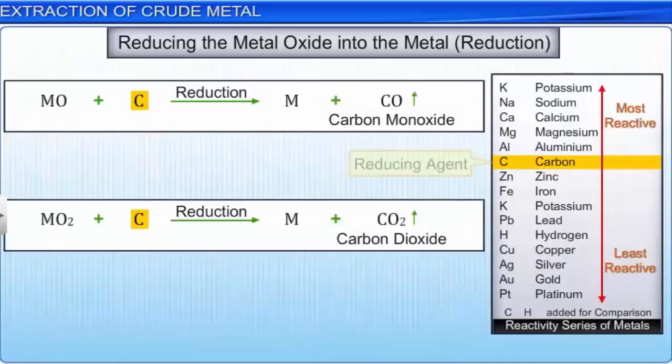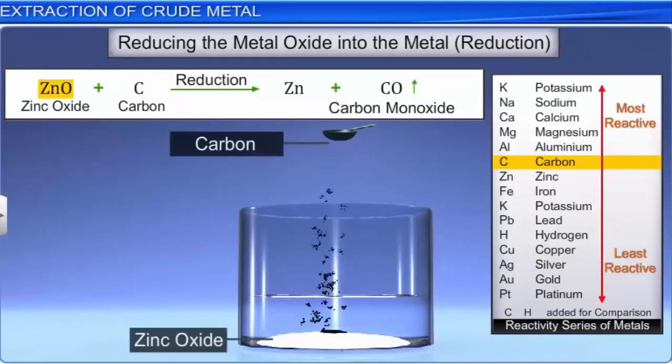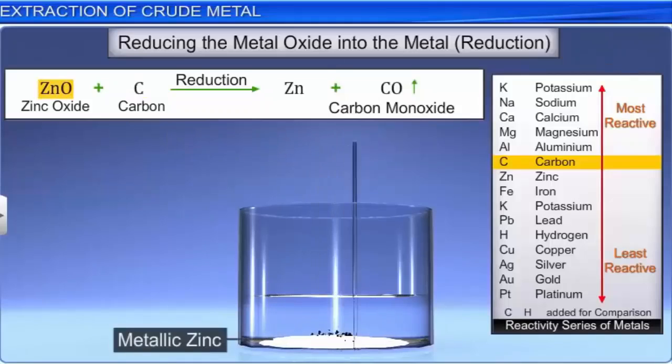When carbon is used as the reducing agent, it combines with the oxygen of the metal oxide to give metal and carbon monoxide or carbon dioxide. For example, carbon is used to reduce zinc oxide to metallic zinc.